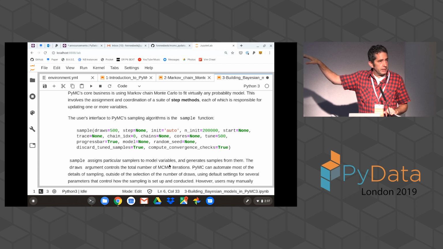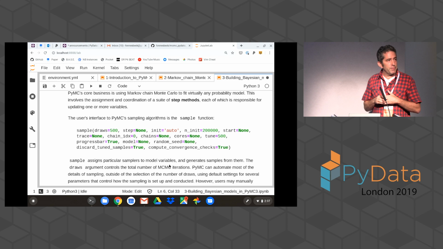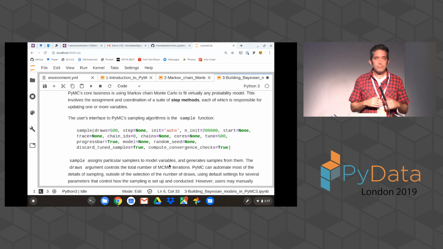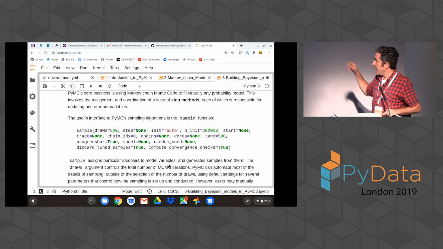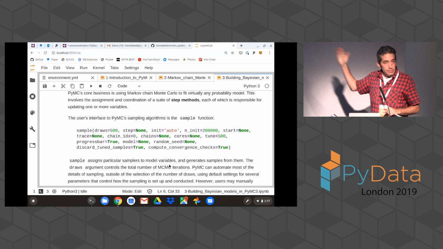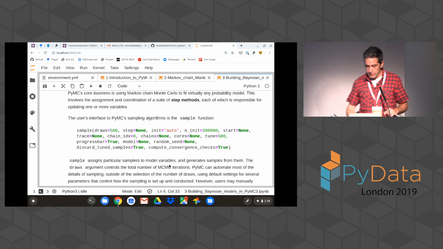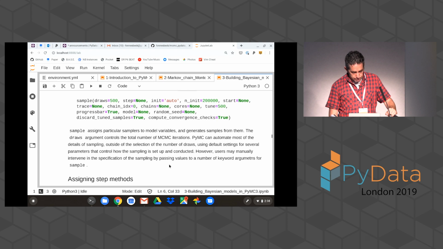It's embarrassingly parallel, so you can run a number of them in parallel at once. By default, in fact, it will give you however many cores you have divided by 2. But you can override that if you want to. Random seeds, for if you want reproducible results, because this is a random number generator. If you want to be able to exactly reproduce things, you can provide a random seed if you want to.